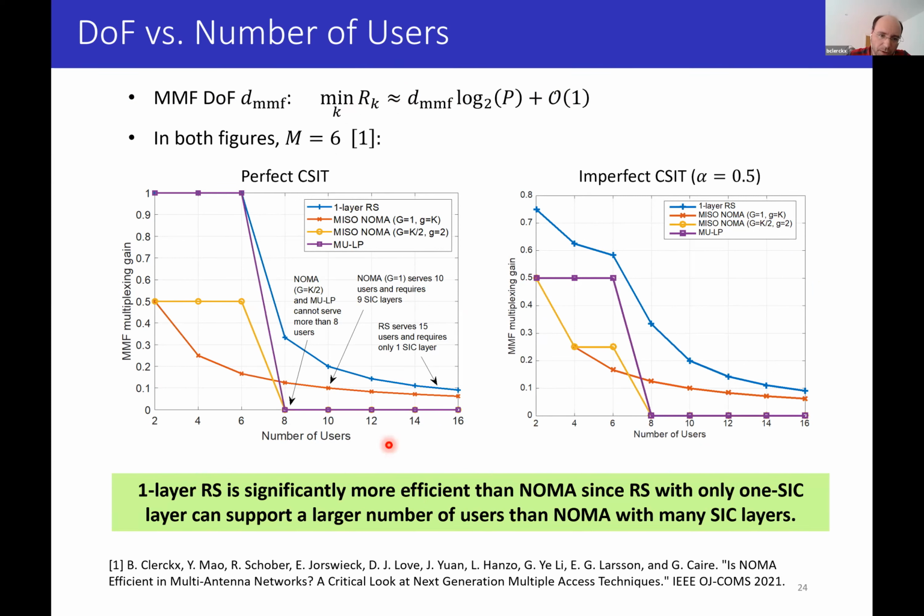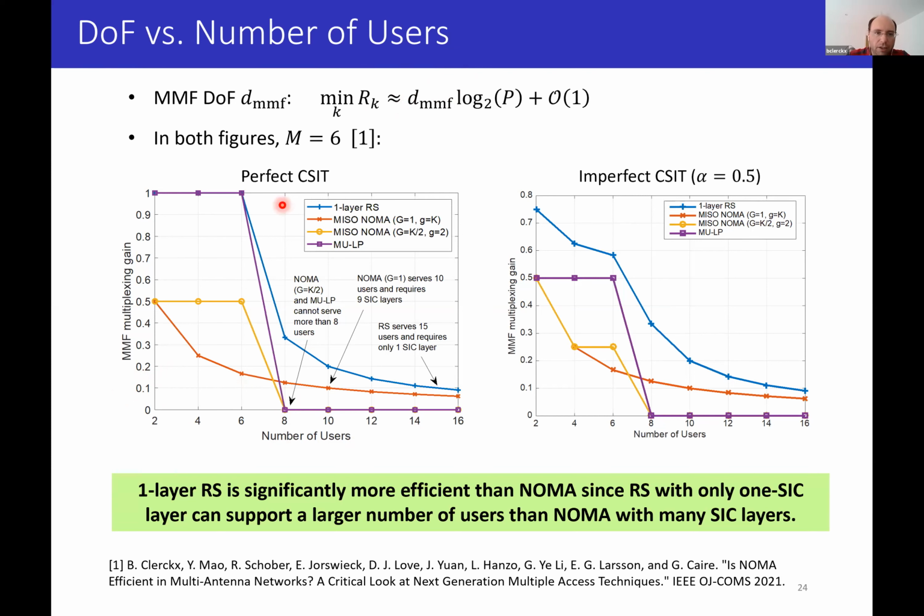And so what we see here is that if I want to aim at having a max-min DOF of 0.1, so I want the pre-log factor of the rate here to be 0.1, for instance, how many users can I serve while still maintaining a max-min fair DOF of 0.1?